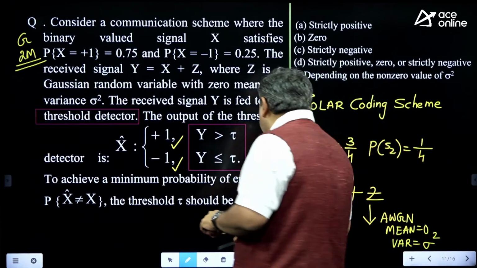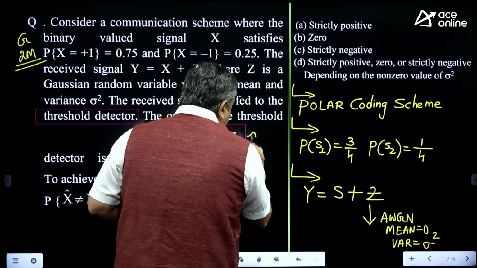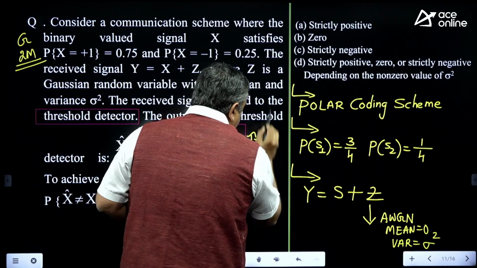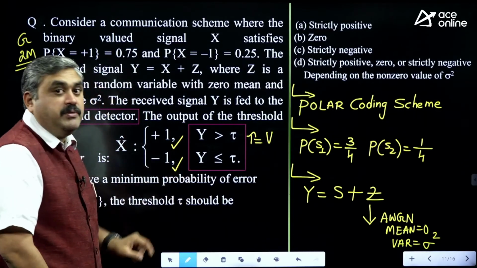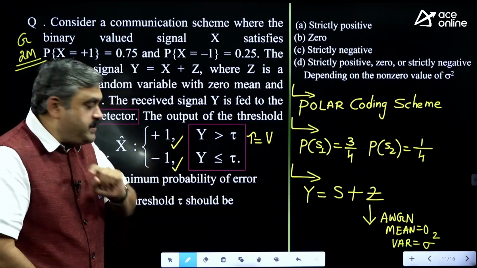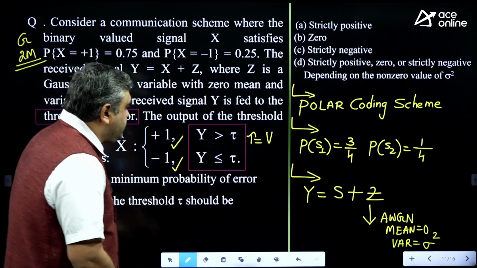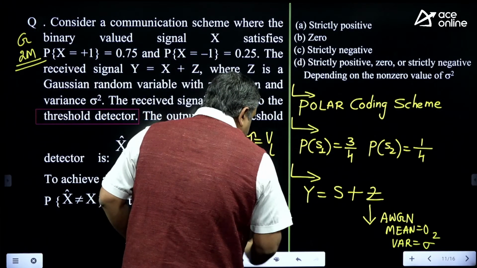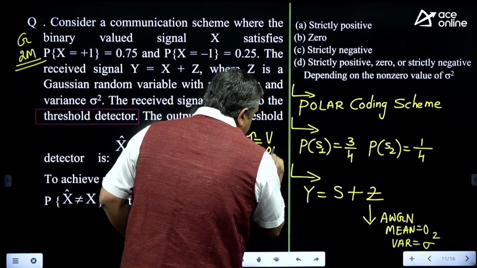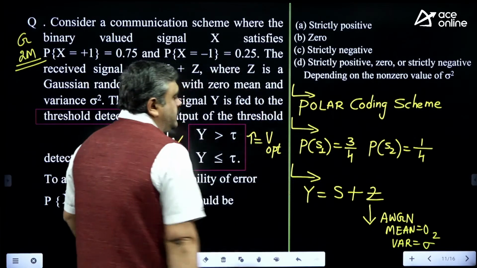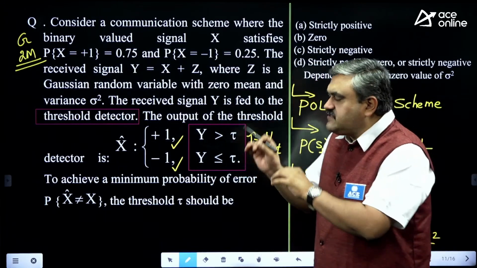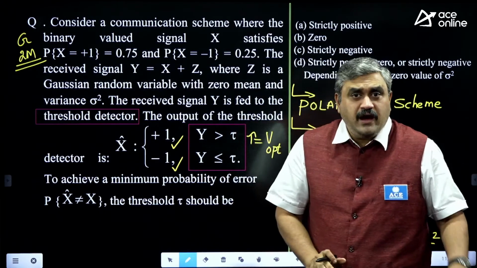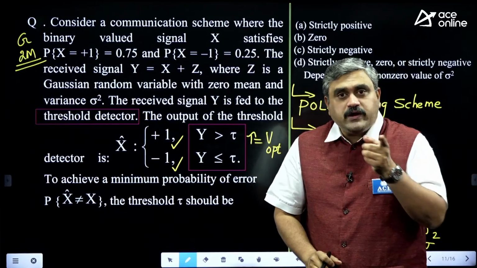So here this tau is nothing but your value of threshold voltage. Now see here, to achieve minimum probability of error, so P of e should be minimized. The threshold voltage, that means what? Is it optimum value of threshold voltage or not? That is what he is asking. So everything which we have studied is completely in this question. And it's a 2 marks question. What are the options given?